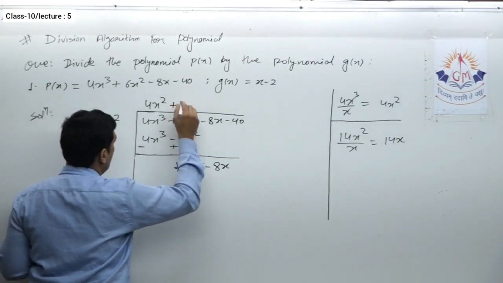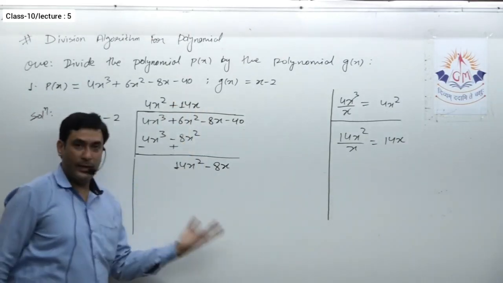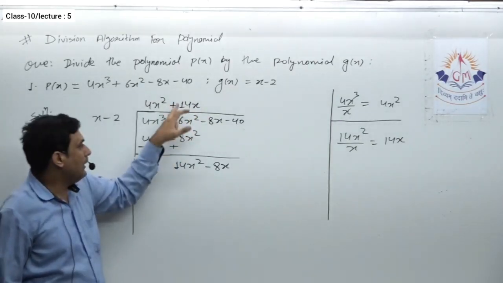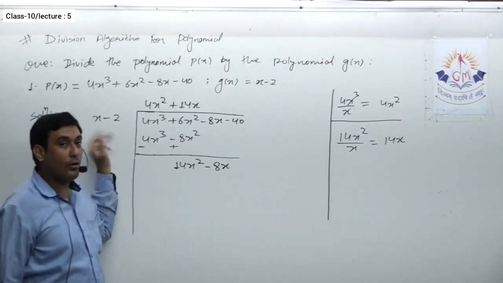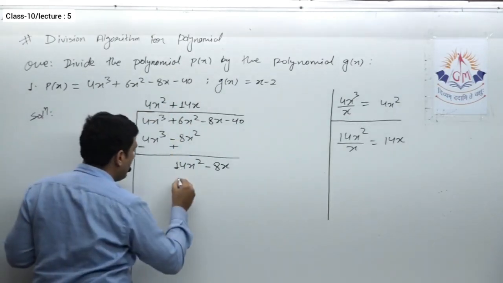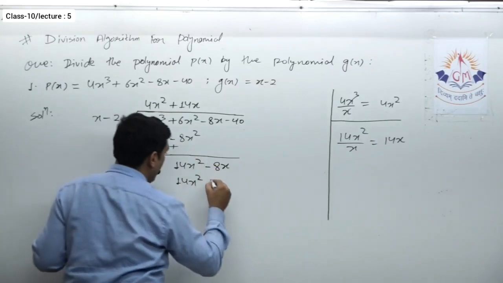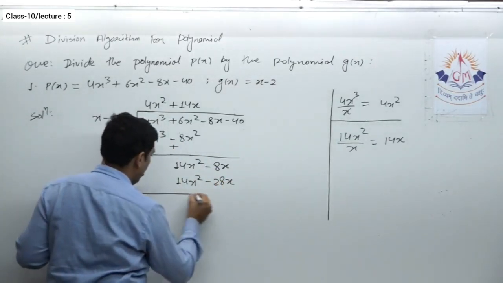So here you write the next term with its sign, 14x. Now again you have to follow the same method. As we got the term of the quotient polynomial, I'll multiply this term with all the terms of the divisor. So 14x multiplied by x is 14x square. 14x multiplied by minus 2 is minus 28x.